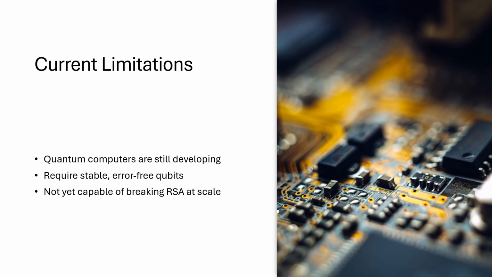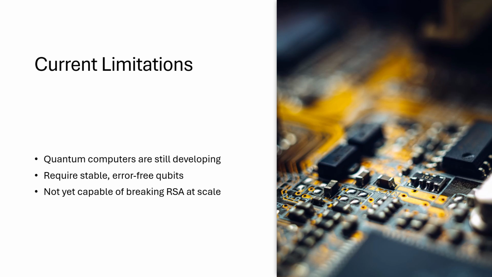So all of that, yes, it sounds very scary, and it is, but luckily there are many limitations that are stopping it from happening right now. Quantum computers are still in development, like we were talking about earlier. They're unstable, they're fragile. Error-free qubits don't exist yet, but with entanglement, theoretically, that would be very secure and awesome.